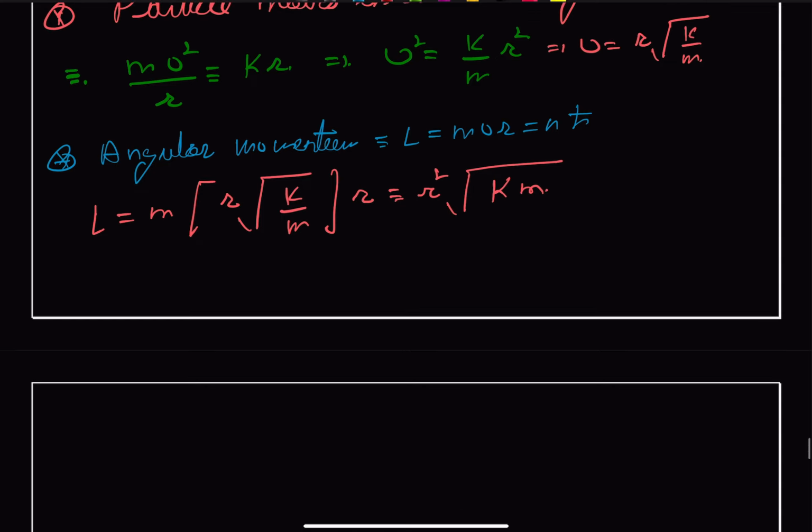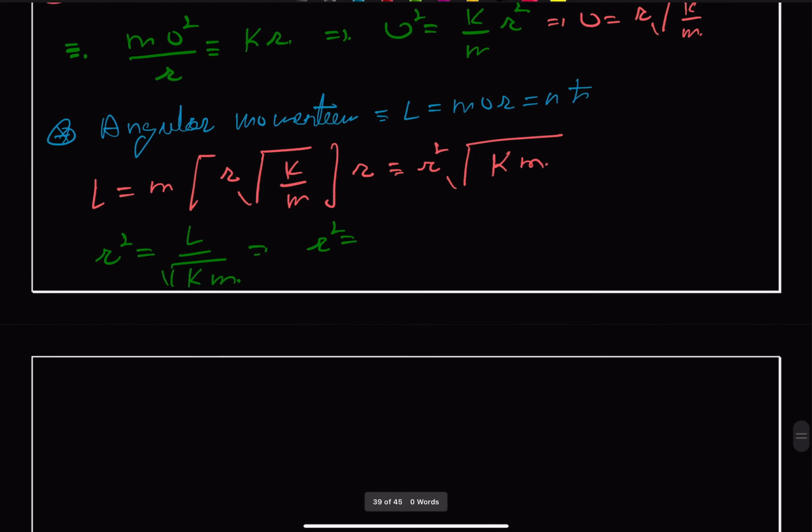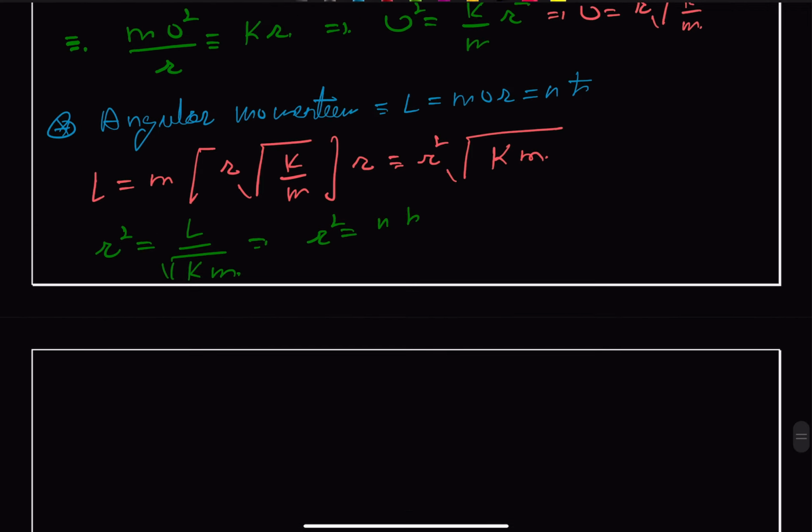Therefore, r² will be equal to L over the square root of km, and we can substitute the value of L, so r² will be equal to nħ over the square root of km.